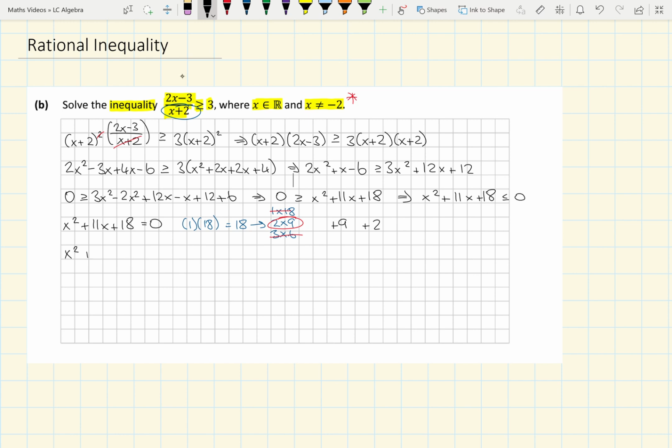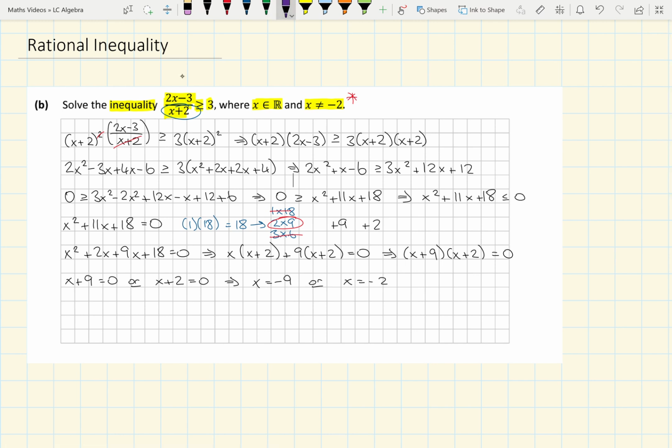So x squared plus 2x plus 9x plus 18 equals 0, factorized by grouping. x is common, x plus 2, plus 9 times x plus 2 equals 0, and we get x plus 9, x plus 2 equals 0. I can set each bracket equal to 0, x plus 9 equals 0. And now solve for x, so we get x equals minus 9 or x equals minus 2.